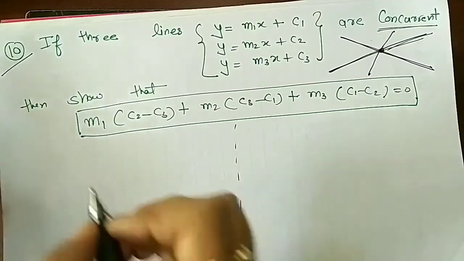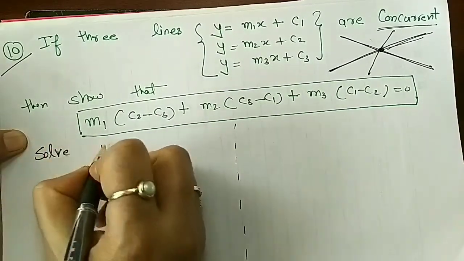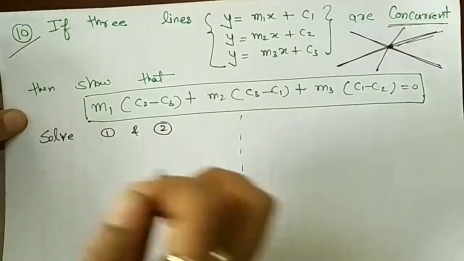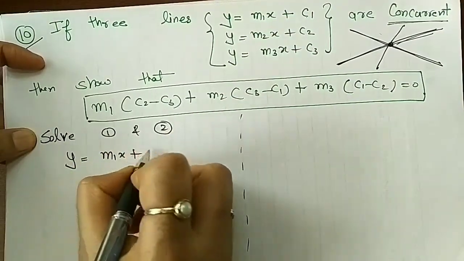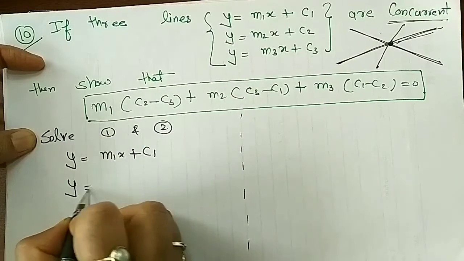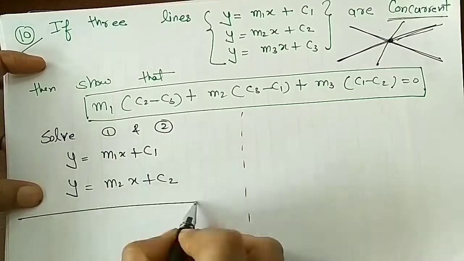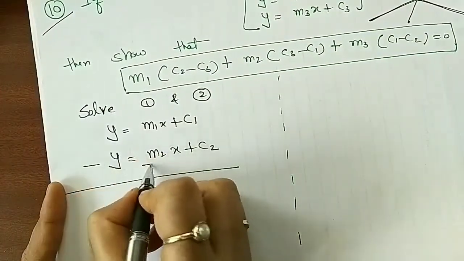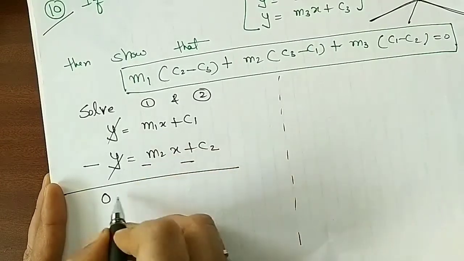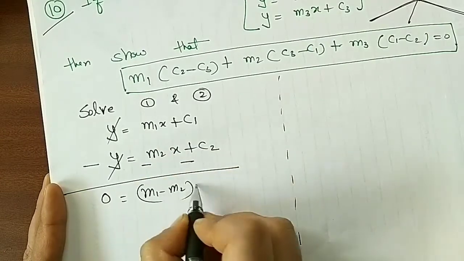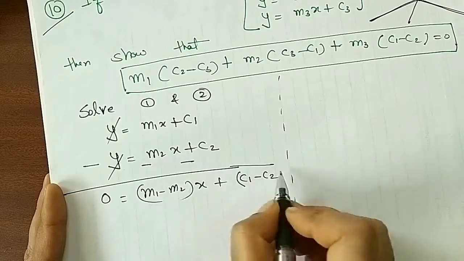So I will write: solve 1 and 2, only these two. This is y is equal to m1x plus c1 and this is y is equal to m2x plus c2. In order to solve it, let me subtract. So this will cancel, and 0 is equal to (m1 minus m2) into x plus c1 minus c2.